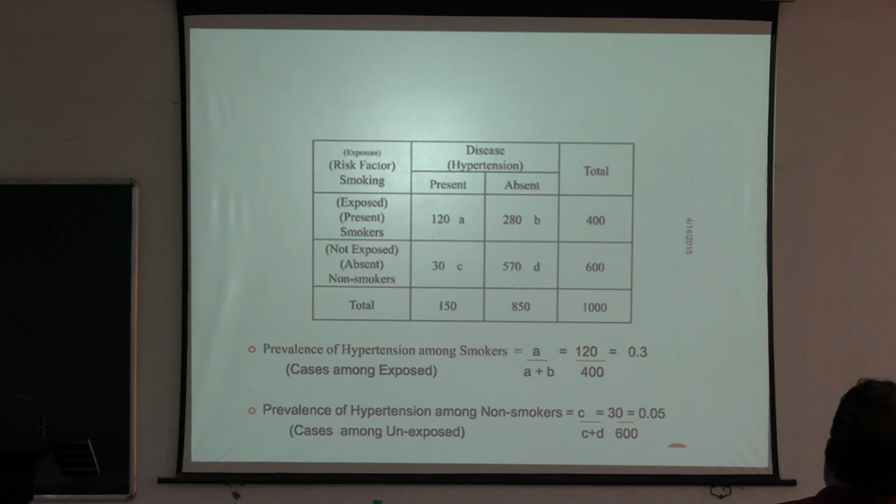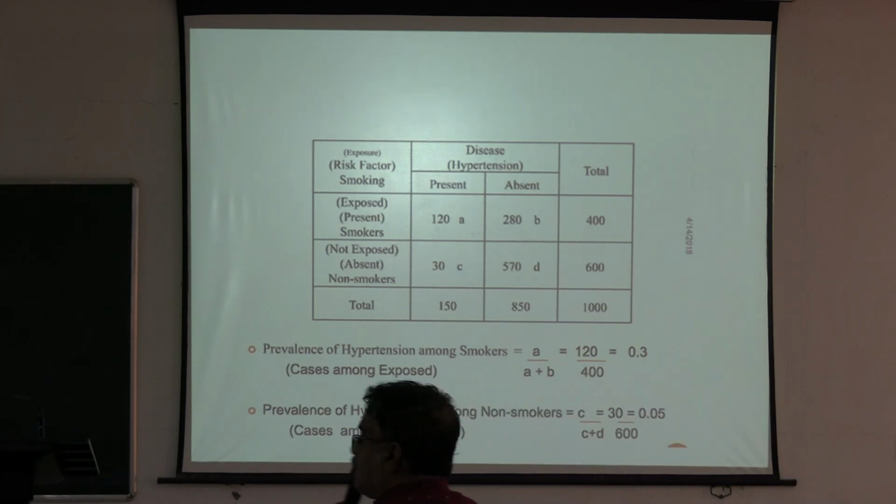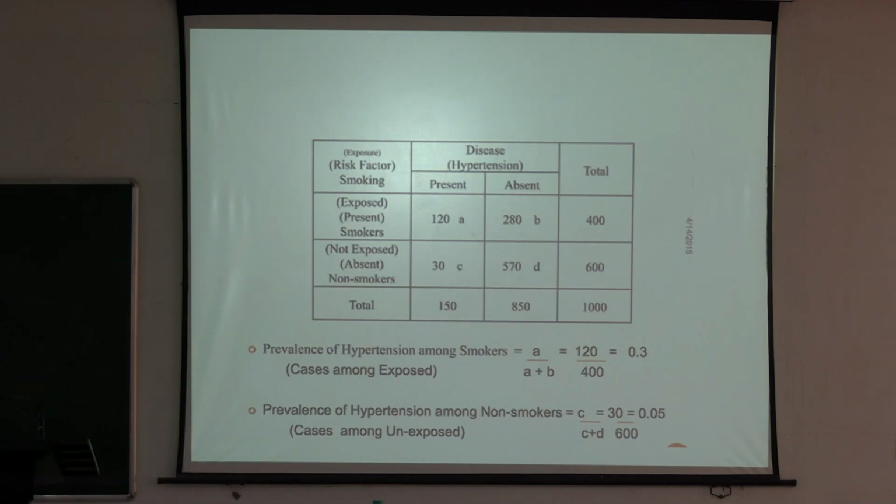So you have 30 people who are non-smokers but have hypertension, and 30 don't have hypertension. What is the total number of non-smokers? 600.